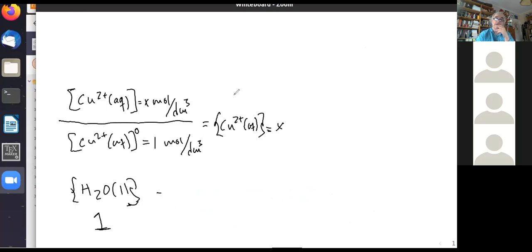In some circumstances, you can actually see people using this concentration of pure water as 55 moles per cubic decimeter and put it literally in expressions for equilibrium constants.